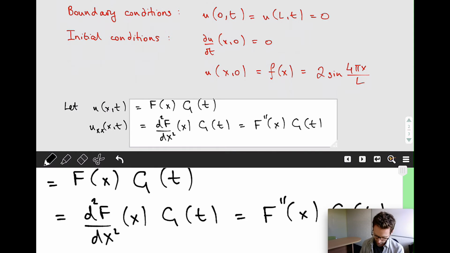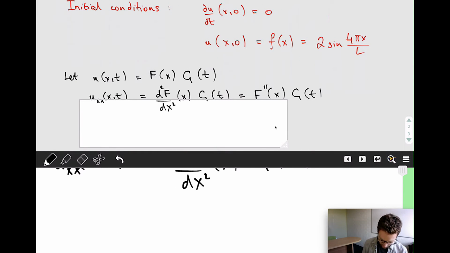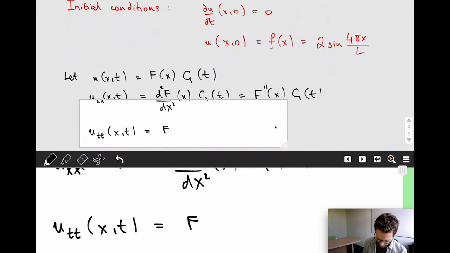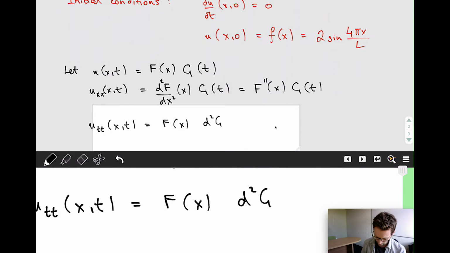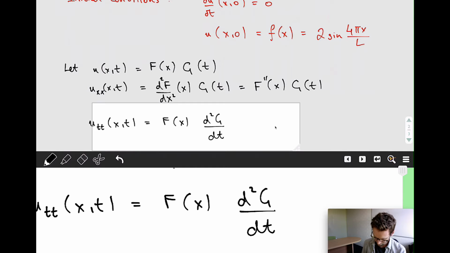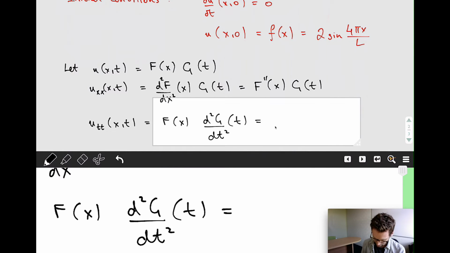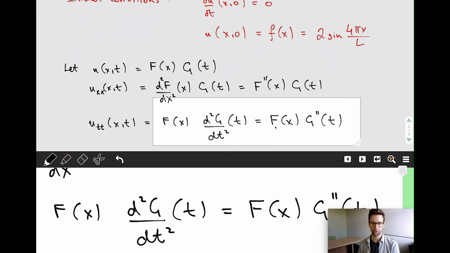I can do the same for the derivative with respect to t. Two derivatives of u with respect to t isn't going to affect f of x, but it will give me two derivatives with respect to time of g. And again, I'm going to use the notation that prime for g of t means derivative with respect to t.